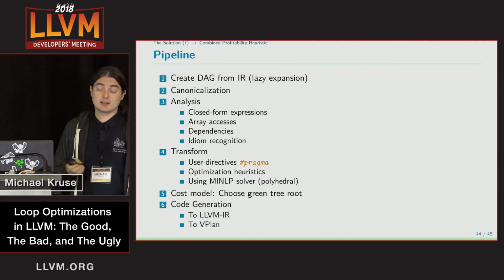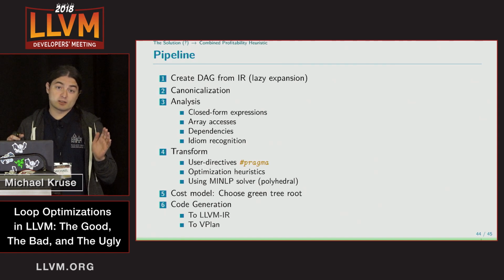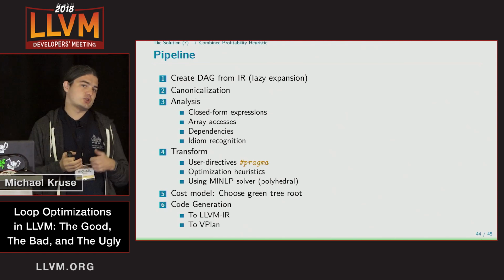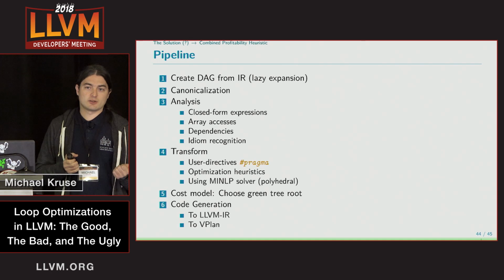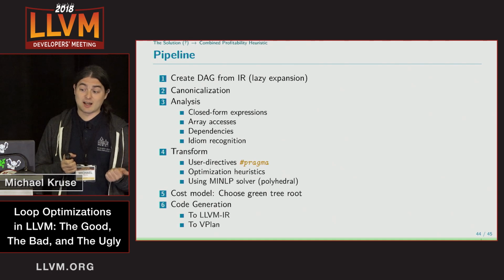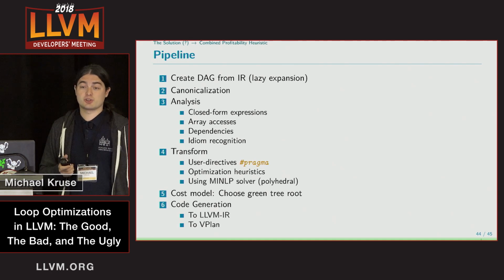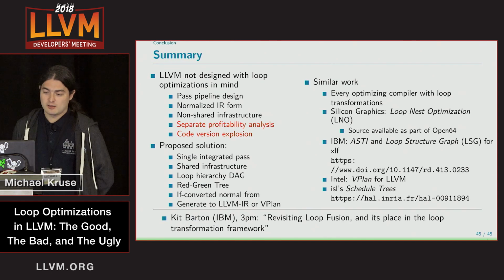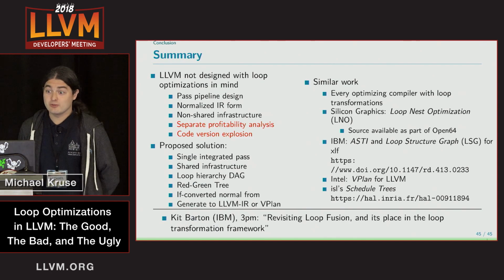Since we could generate multiple alternatives of the same tree, a cost model then chooses the tree which it thinks is the fastest, and then we do the code generation at the end. So that's it for me. I want to thank you for your attention.